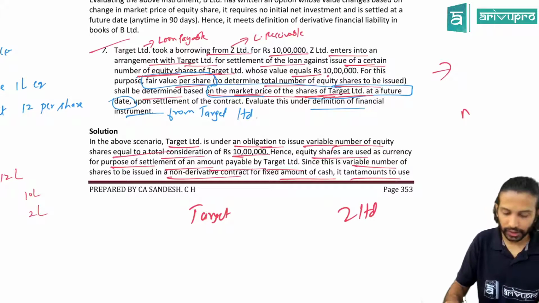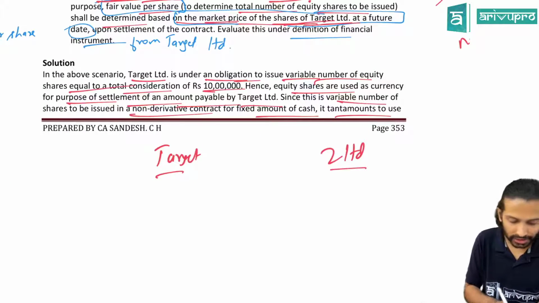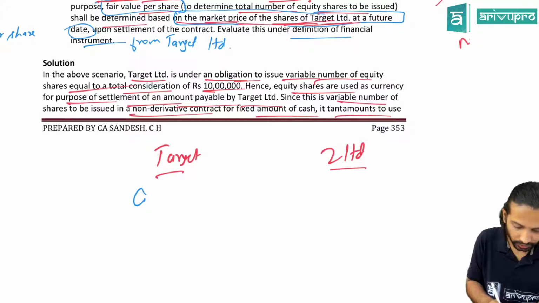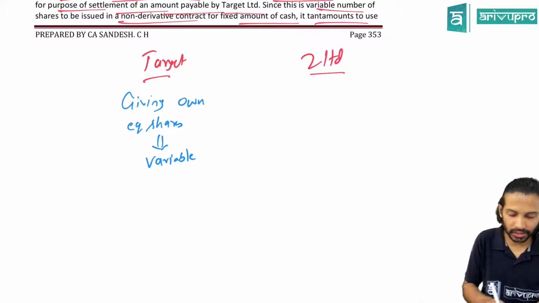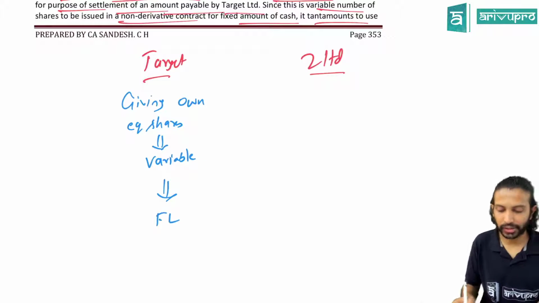Target has taken a loan and is giving its own equity shares, but is the number of equity shares fixed or variable? It's variable. Since this was variable, we classified this as a financial liability.